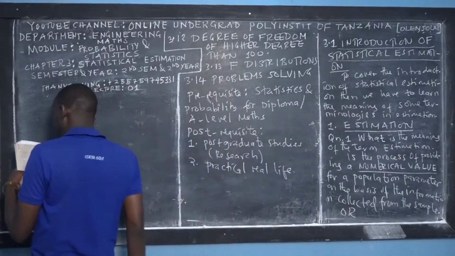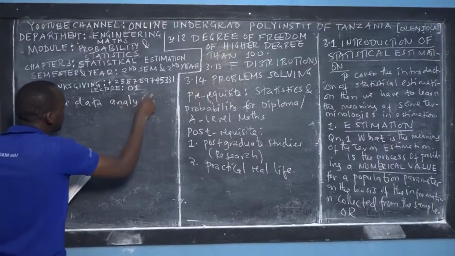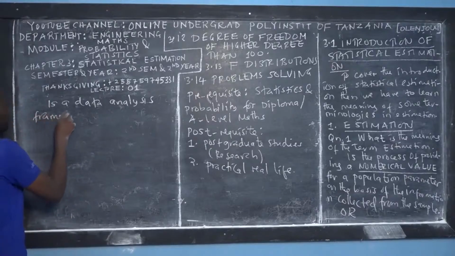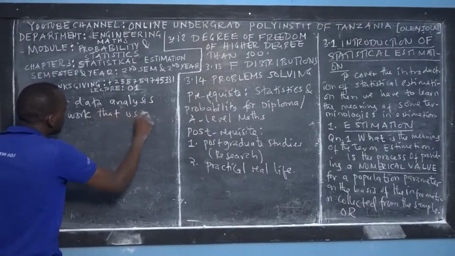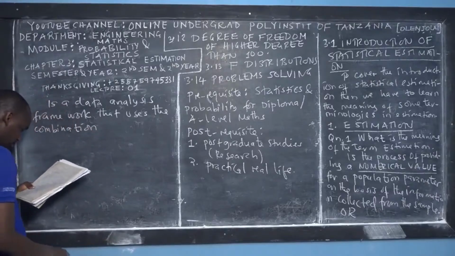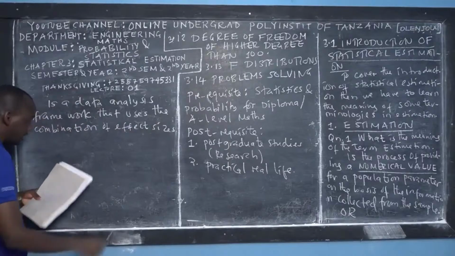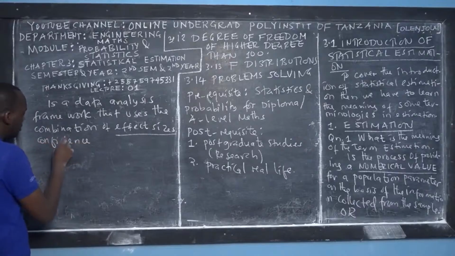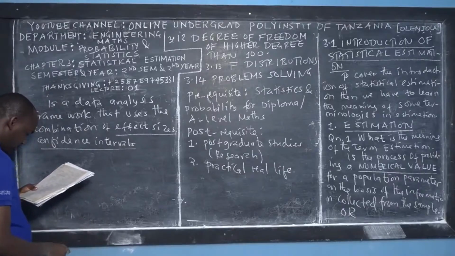Some references define the term estimation like this: it is a data analysis framework that uses the combination of effect sizes, confidence intervals, precision planning, and meta-analysis to plan experiments, analyze data, and interpret results.